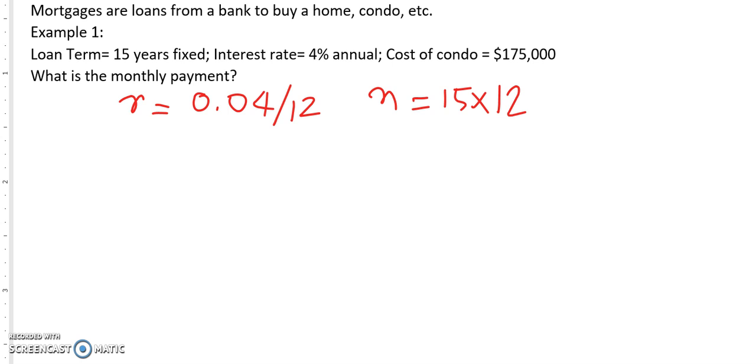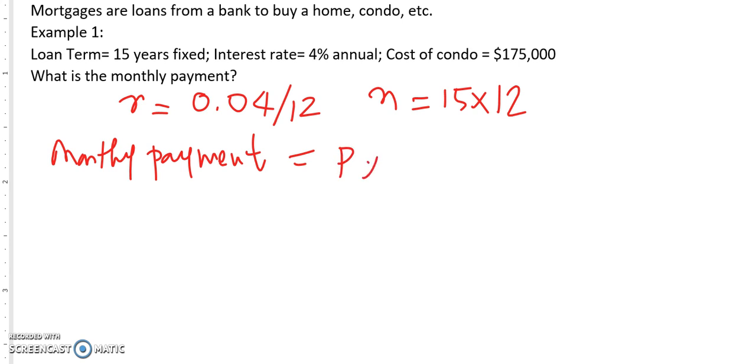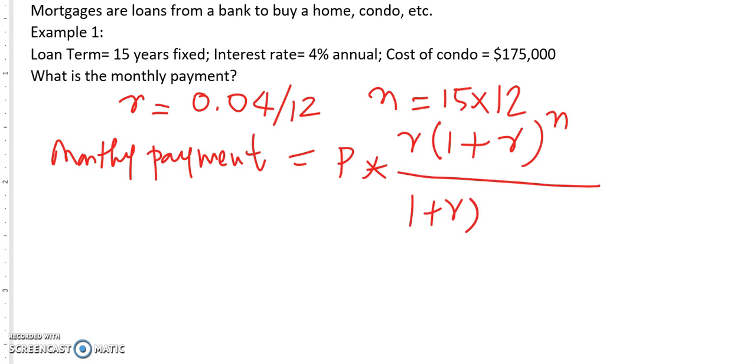With this, we can use the monthly payment formula, which is P times R multiplied by (1 plus R) raised to the power n, divided by (1 plus R) raised to the power n minus 1.